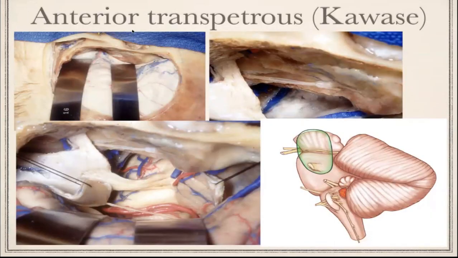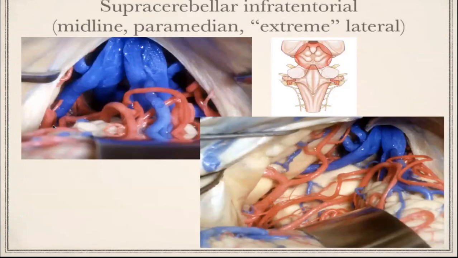There is one of my favorites that I use quite a bit, for this is anterior transpetrous, Kawase's approach. That gets you lower into the pons, but not lower than 7th and 8th nerve level. That's a good view of it right there. I love this one too, supracerebellar infratentorial.